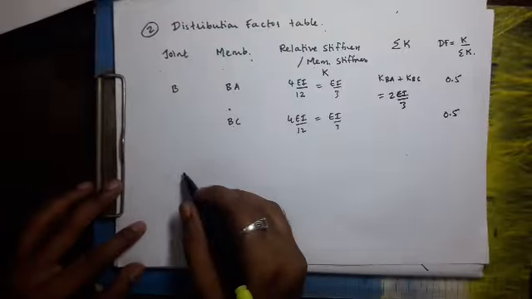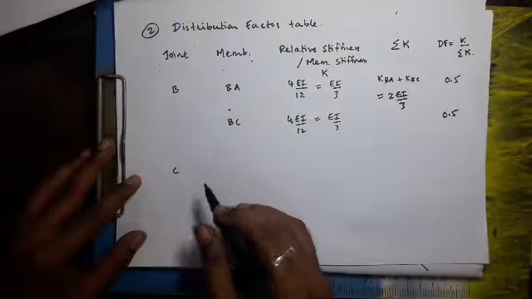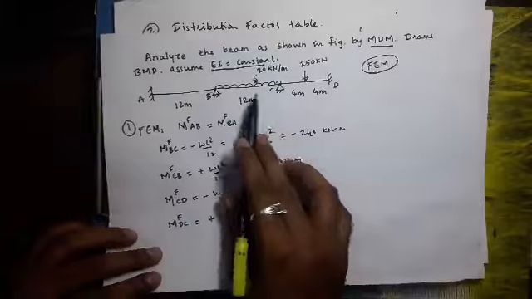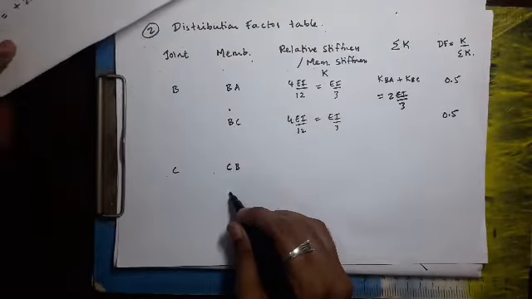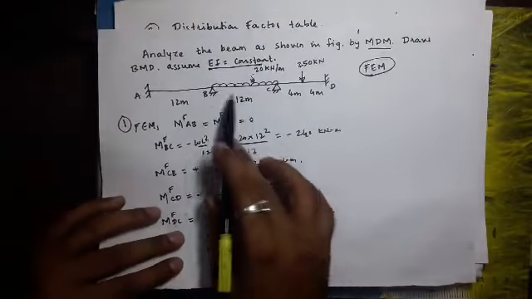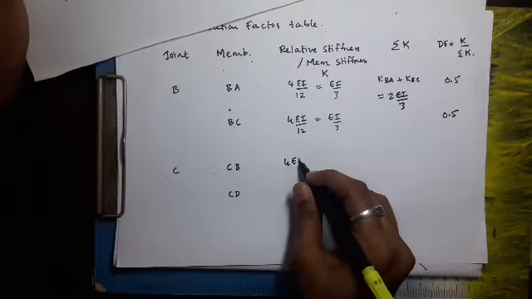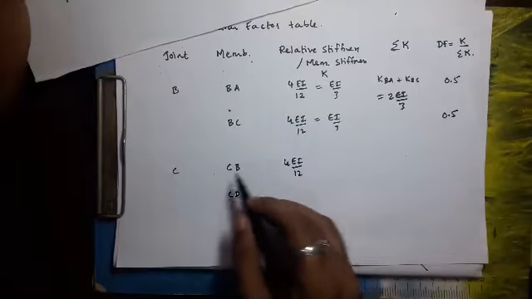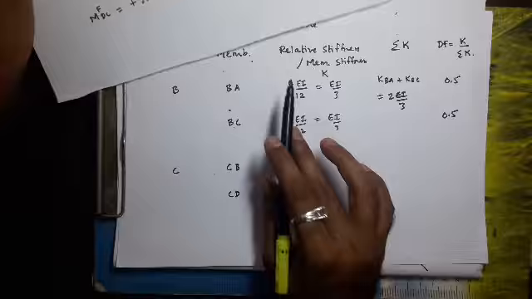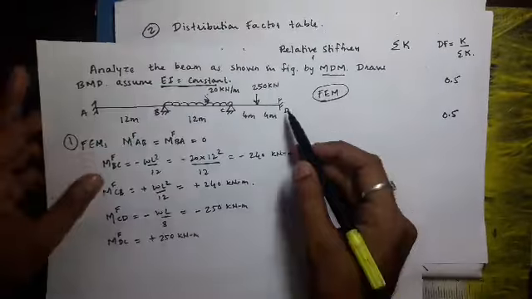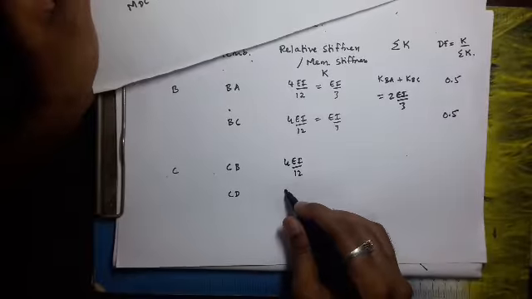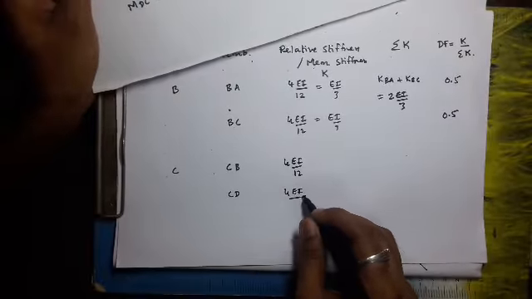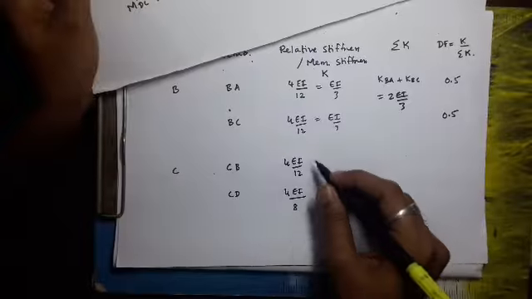One more joint we have is joint C. Joint C has got two members, CB and CD. CB, you see the far end is fixed, so it will be 4 EI, EI is constant, by L. The length of CB is 12 meter. And CD, here also the far end is fixed. Okay, so it will be 4 EI. The length of CD is 8 meter.